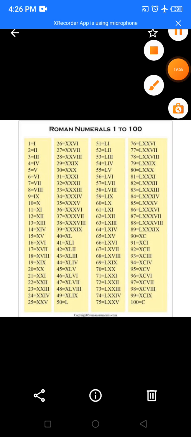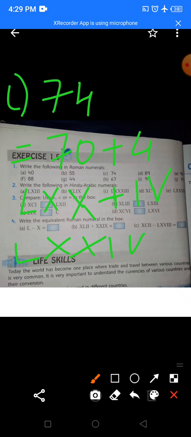How do you write 70 in Roman? 50 and there is 2 times 10 and then you will write 4. Then you will just write it together. Okay children? So this is how you will write it. Write down.